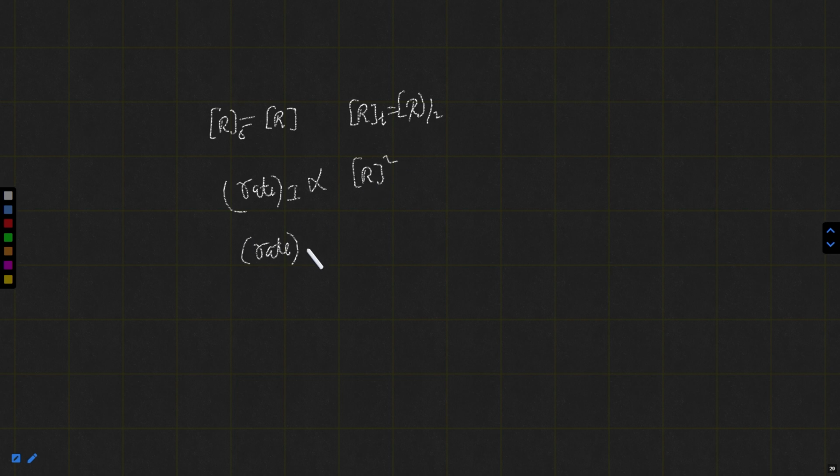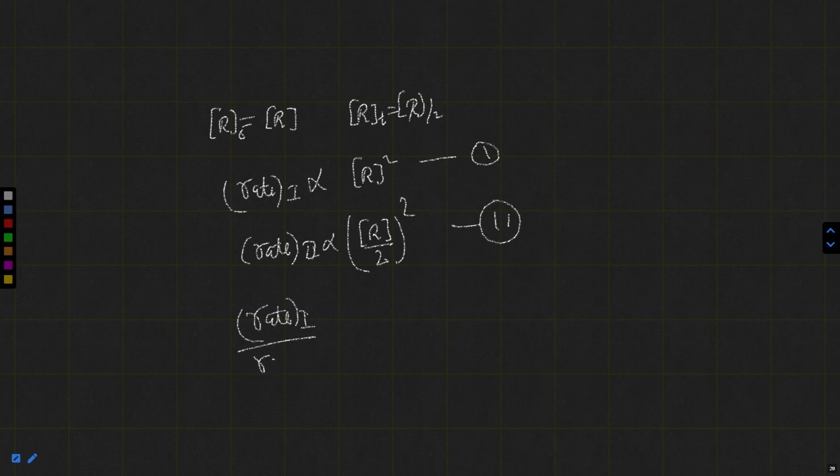For the second case, it is R by 2 whole square. Clear? Divide both of these equations. This will be rate 1 divided by rate 2. So this and this will be cancelled out. That will give you 1 by 1 by 4, or 4.